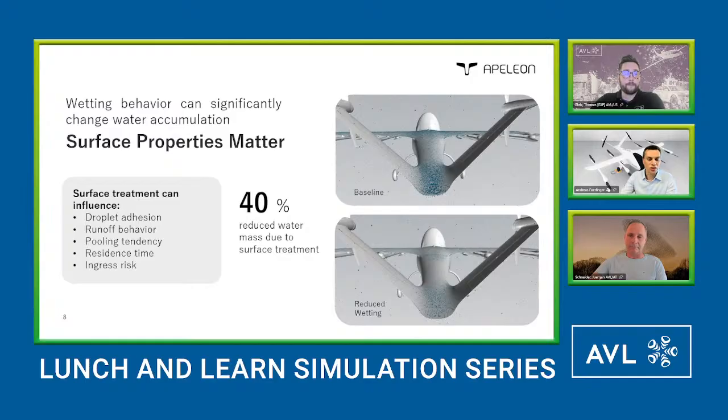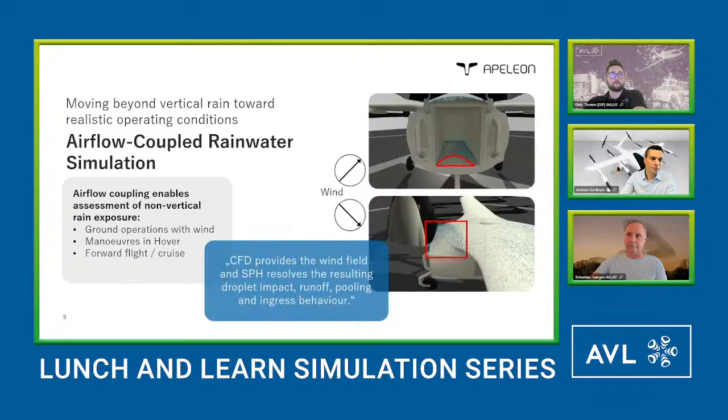Yeah, but that's actually also a good switch to the next slide. We also started to analyze with a parallel airflow. So not only having vertical rain, we wanted to investigate further situations where we have a parallel airflow, for example, ground operation with wind, but also maneuvers in hover, and not only an easy hover situation.